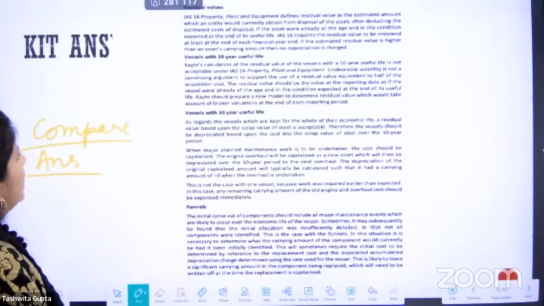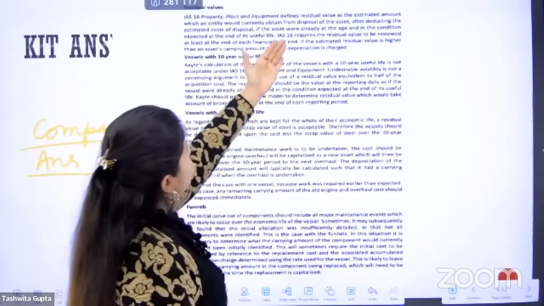Not understandable? What they have written? IS 16 defines residual value.